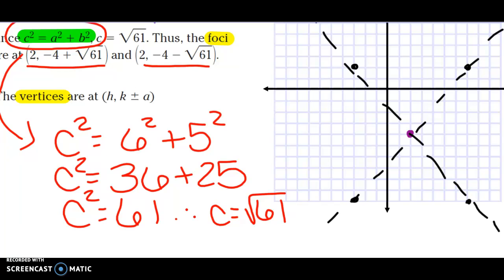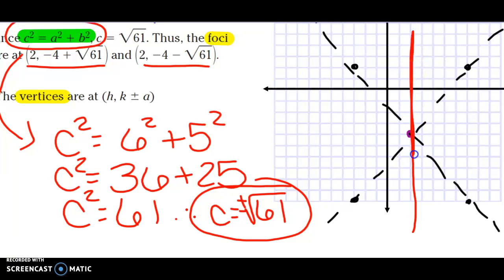All right. Well, just like we did with ellipses, we're going to add and subtract our c. So let's just put a plus and a minus from our center. Now, because it is opening along the y or vertically, we're going to move up and down from the transverse axis. Now here's what I do. I start at the center, and I'm going to go up and down square root of 61.